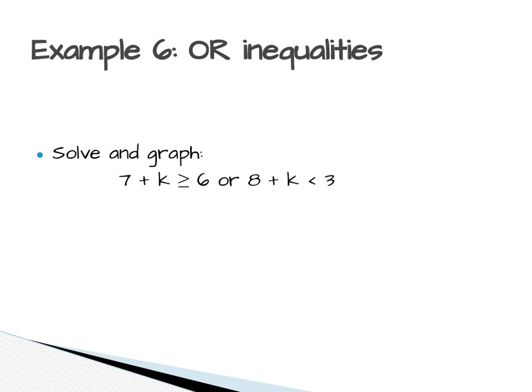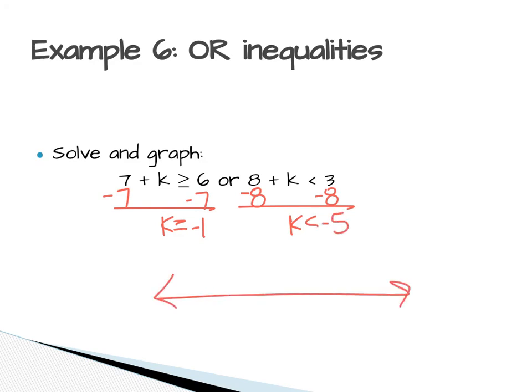Number 11, if you have an or inequality, what you're going to do is still solve both of them. You get k is greater than or equal to -1. Then you get k is less than -5. When you graph these, you graph both. It's the one or the other, so you're going to put both on the number line. So we're going to start with -5 down here, -4, -3, -2, -1.